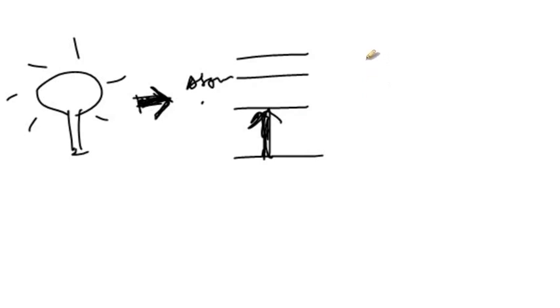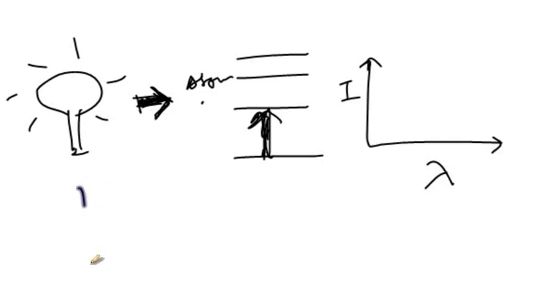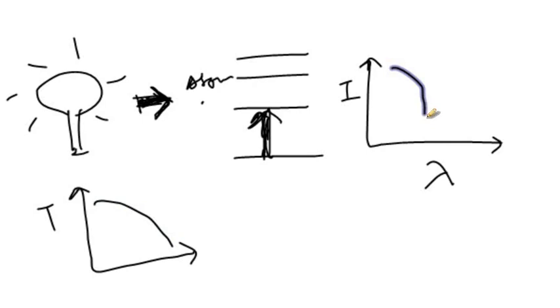So what will we observe? We will observe something like this. If the spectrum coming from the source is something like this, then here the spectrum will be something like this.